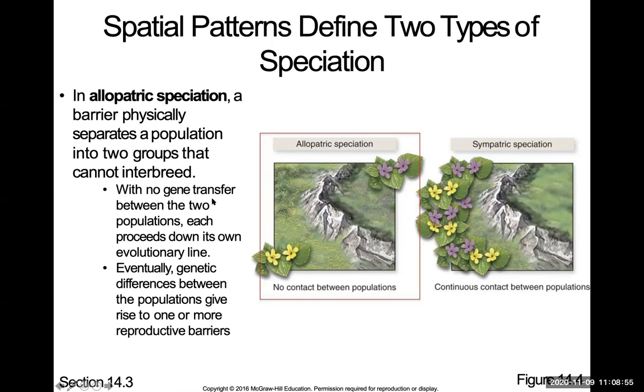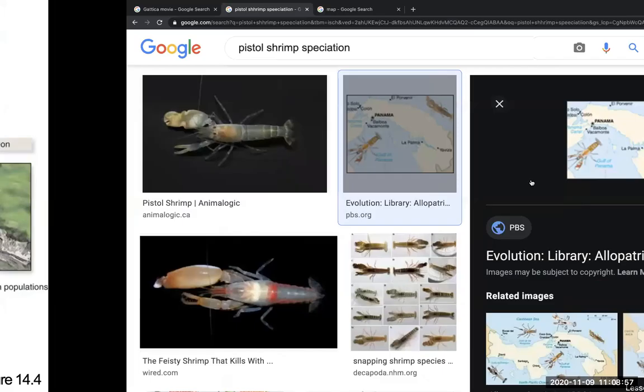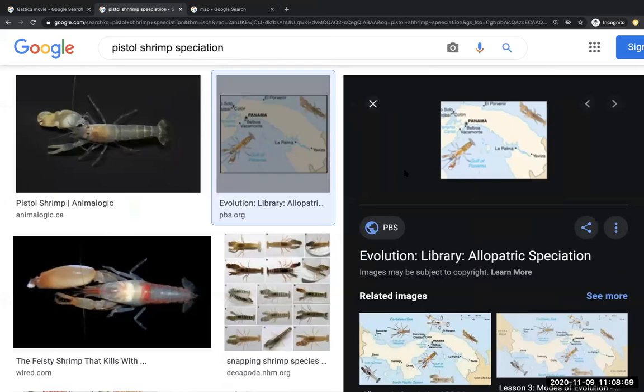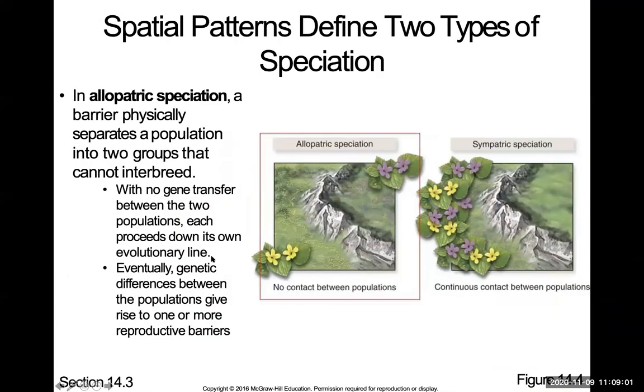There's no gene transfer between two populations, and they just started independent evolution over time. So there's its own evolutionary line, and then the genetic differences are going to increase over time, and then we have two different species. So that's allopatric speciation. It's easy to understand.